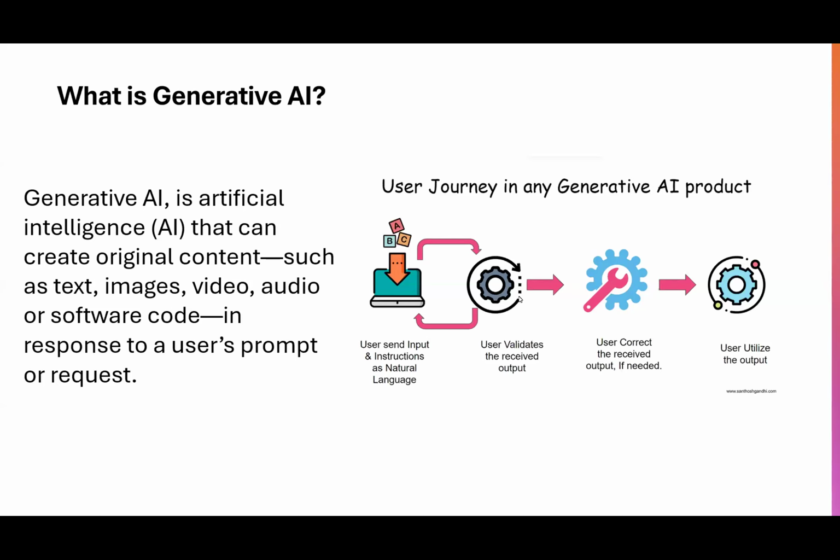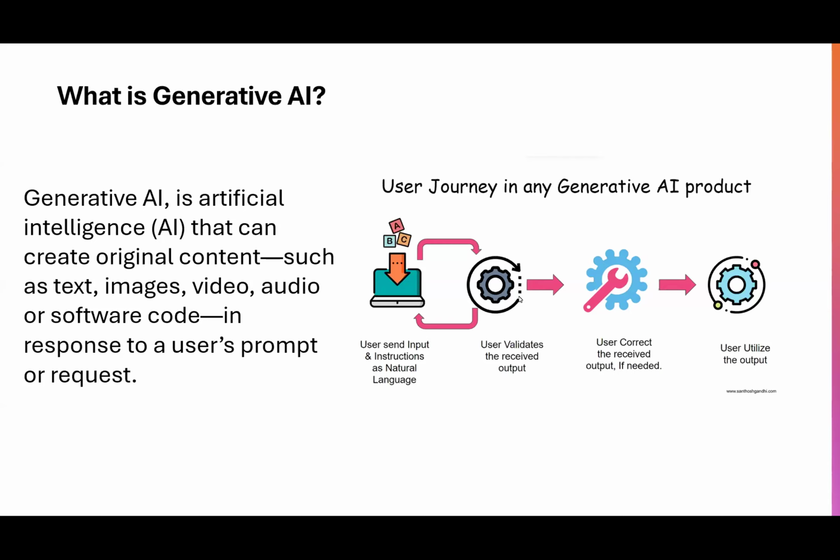Generative AI is a subfield of artificial intelligence. It can create and develop content as well. This content may be text, image, video, audio, or software code, based on the user prompt or user request.